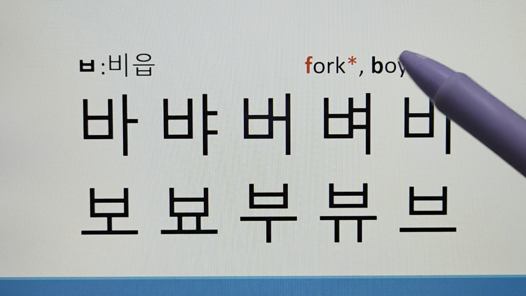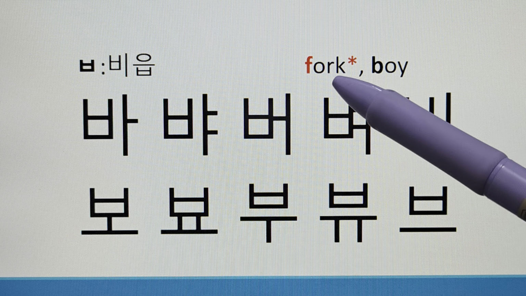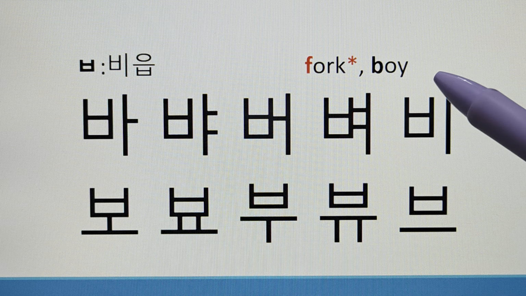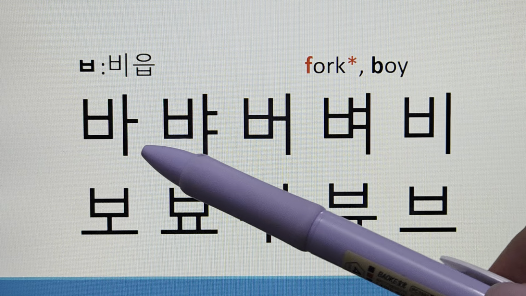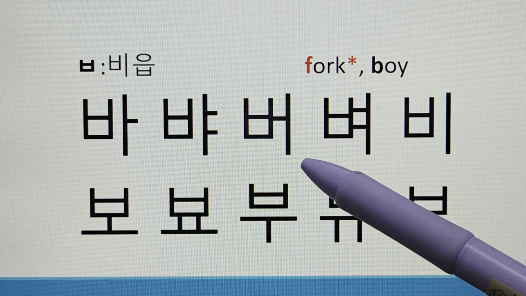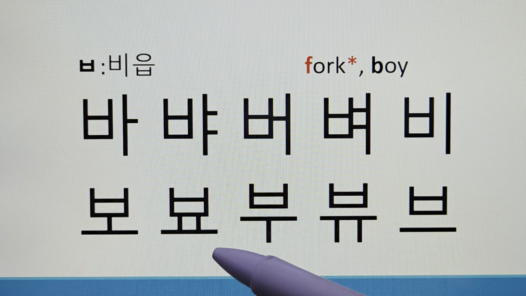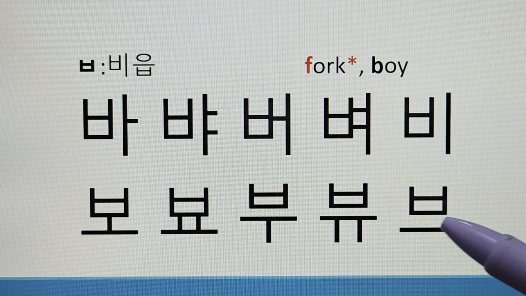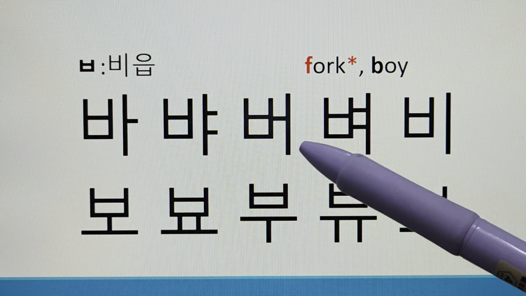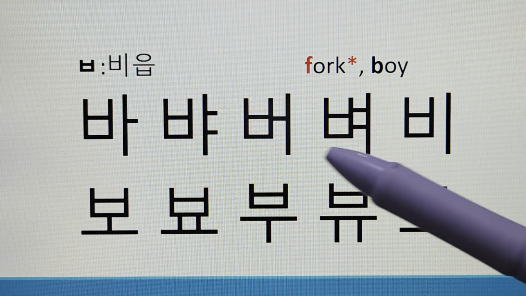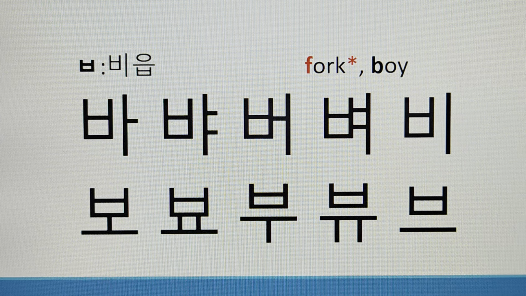If peep comes at the beginning of a word, it sometimes sounds like F, F in fork, but its original sound is B in boy, B, B. So, 바, 벼, 버, 벼, 비, 보, 뾰, 부, 퓨, 부. Again, 바, 벼, 버, 벼, 비, 보, 뾰, 부, 퓨, 부.